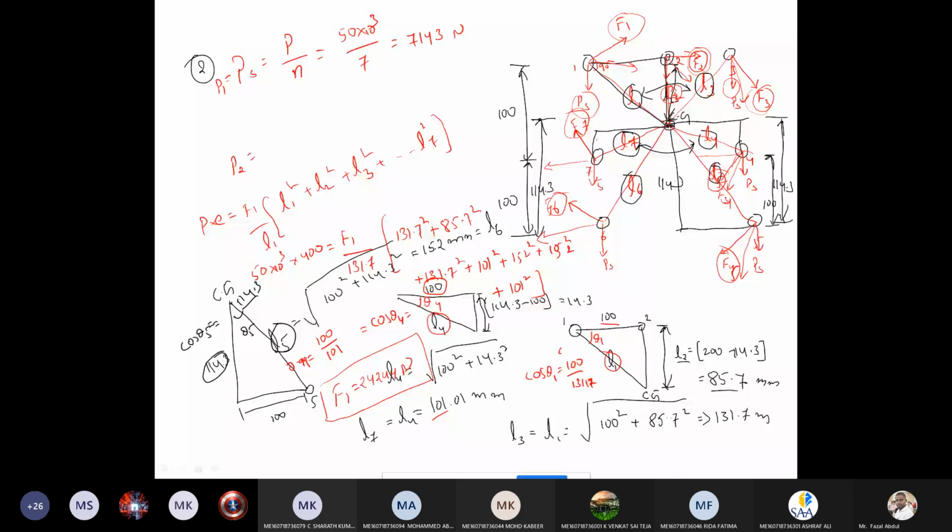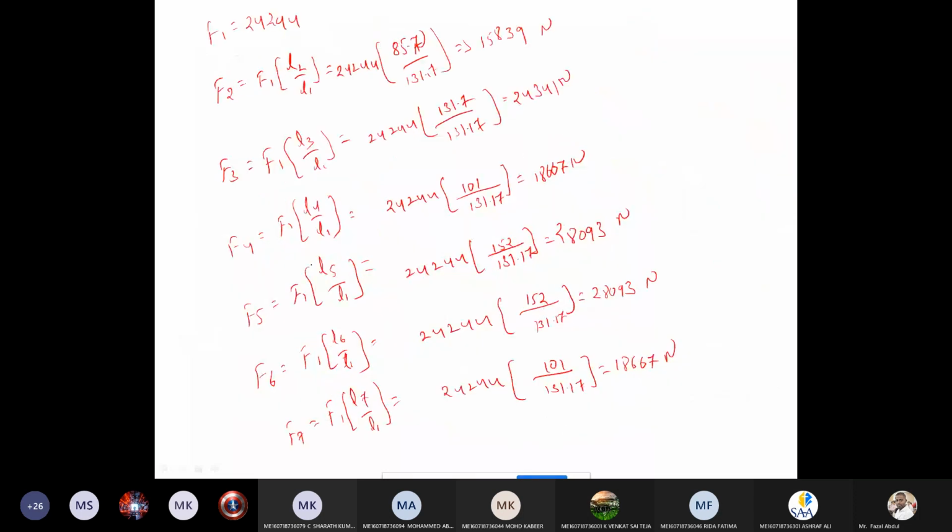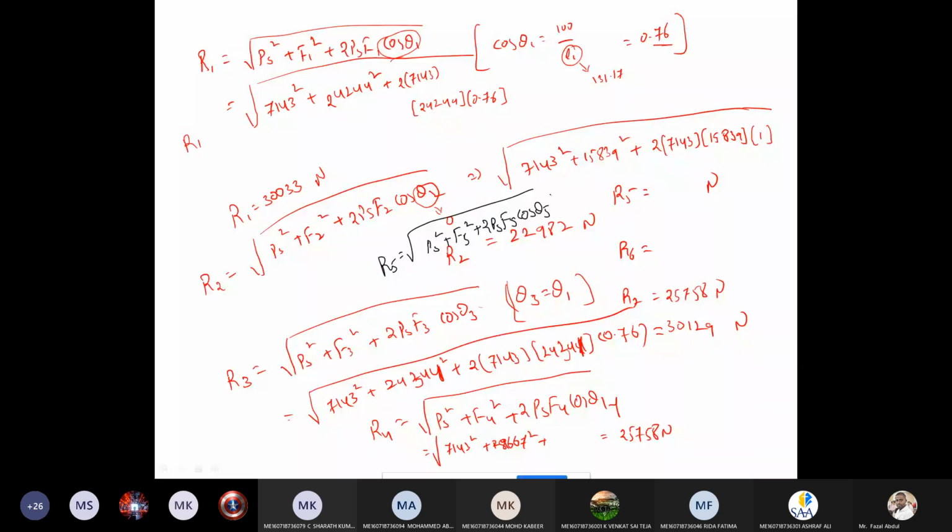This is the L5, 152. 114.3 by 152.75. That is cos theta phi. This is 0.75.